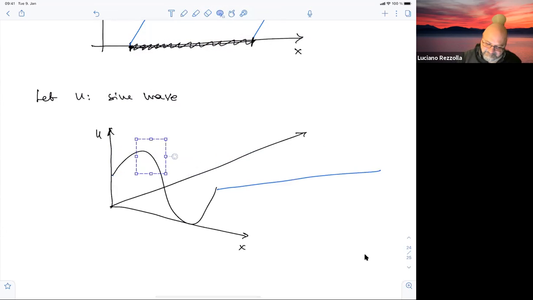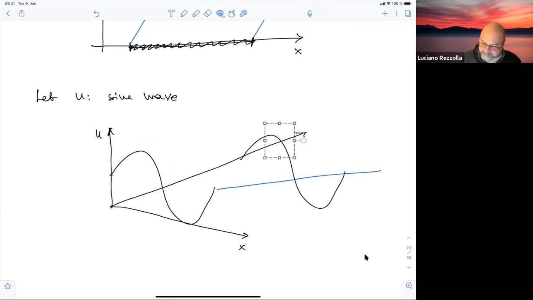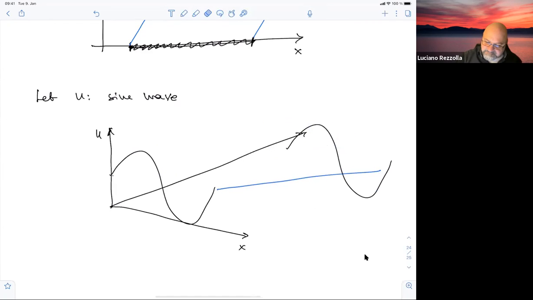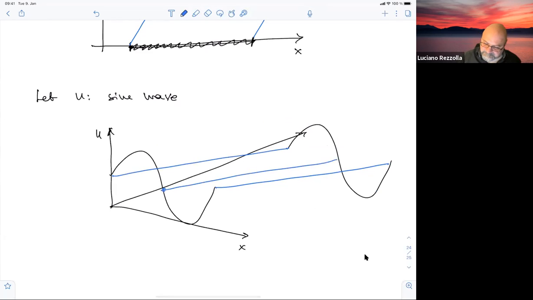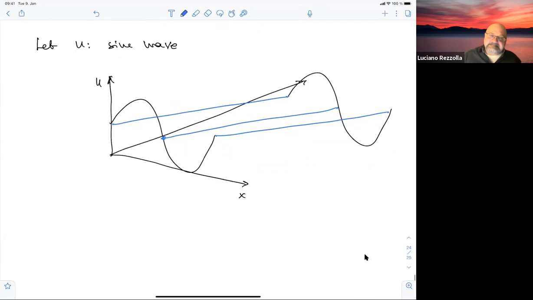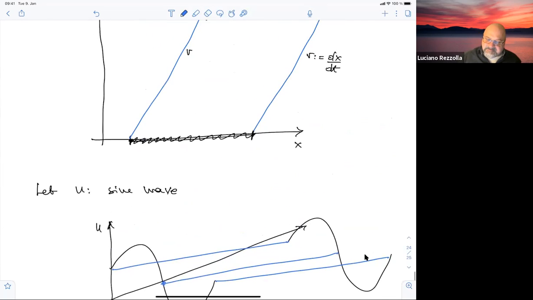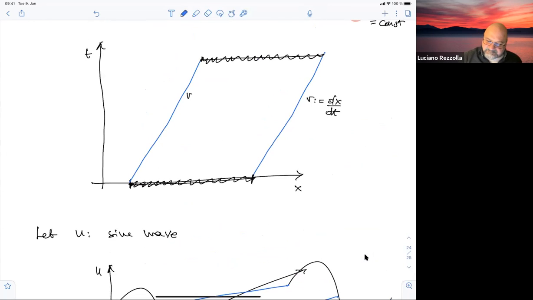I can copy this function over here, and then I just join the different pieces. I don't know if you can see this, but this is the same as in this space-time diagram.